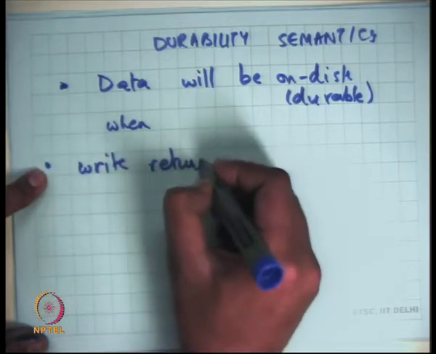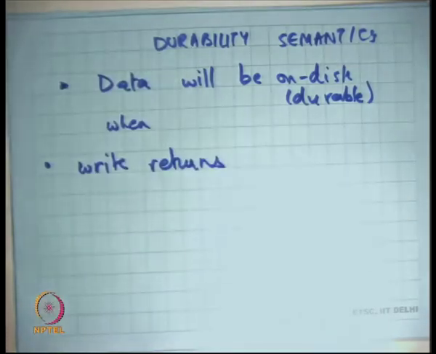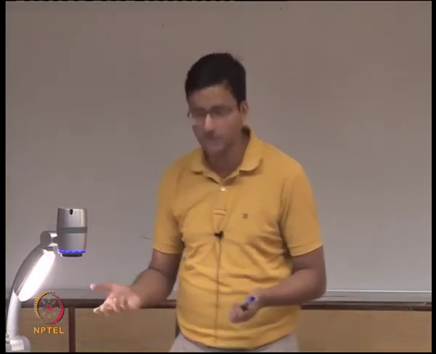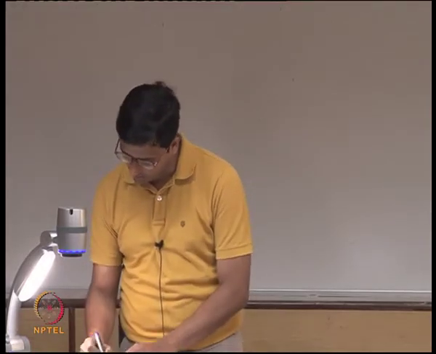So an operating system may provide a guarantee that whenever the write returns, you can be sure that the data is on the disk. This is the most conservative. Basically it says that on every write system call I'm going to access the disk, which means your buffer cache is basically write-through. And so if you're doing 1 byte writes, it's very slow. It's most conservative, so it doesn't look all that great.